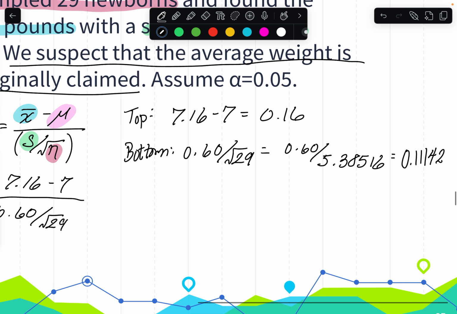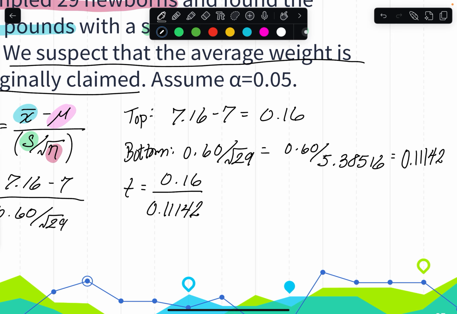Putting these two numbers together, we have a t-value equal to 0.16 divided by 0.11142, which gives us a t-value of 1.44.